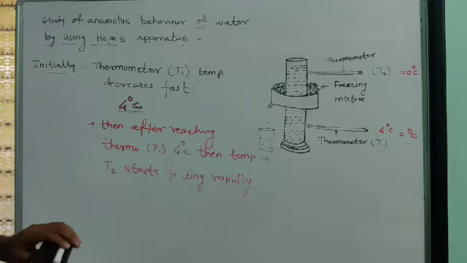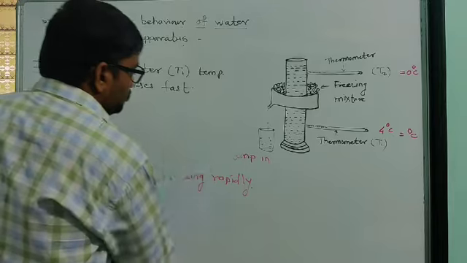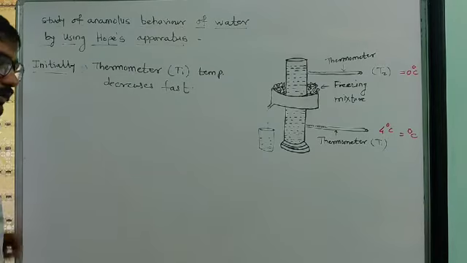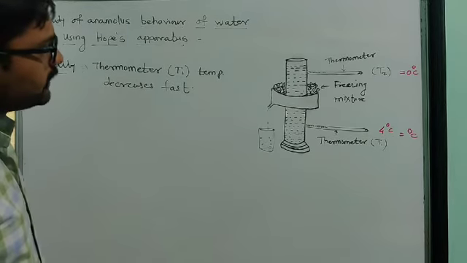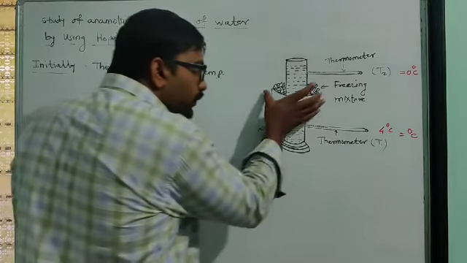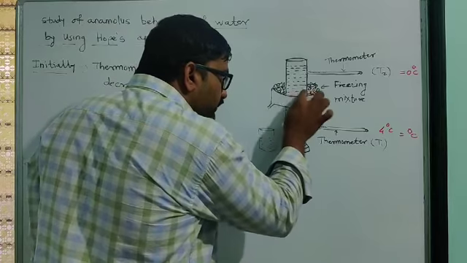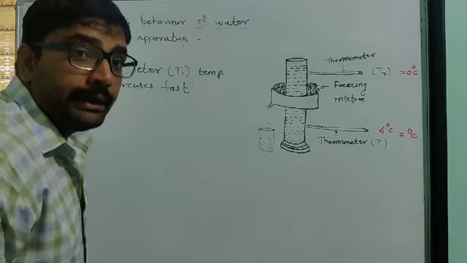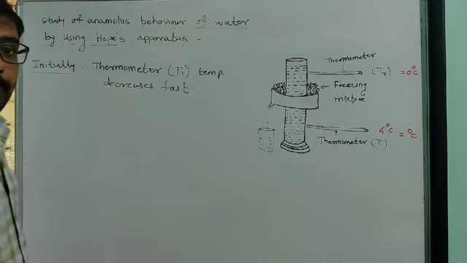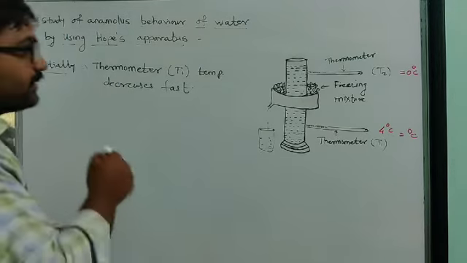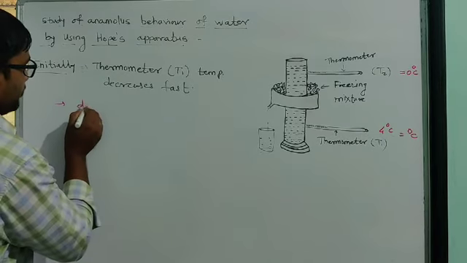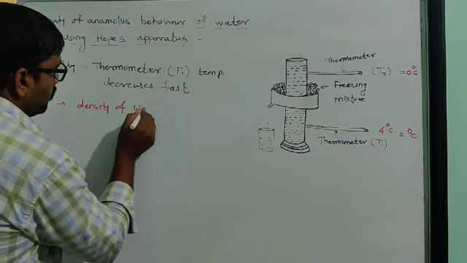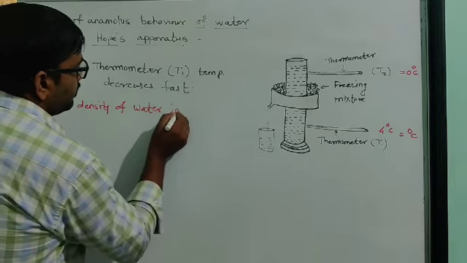Look at what happened initially. Here we place water which is at room temperature. But as this water comes in contact with the freezing mixture, its temperature falls. And as the temperature falls, the density of that water increases.